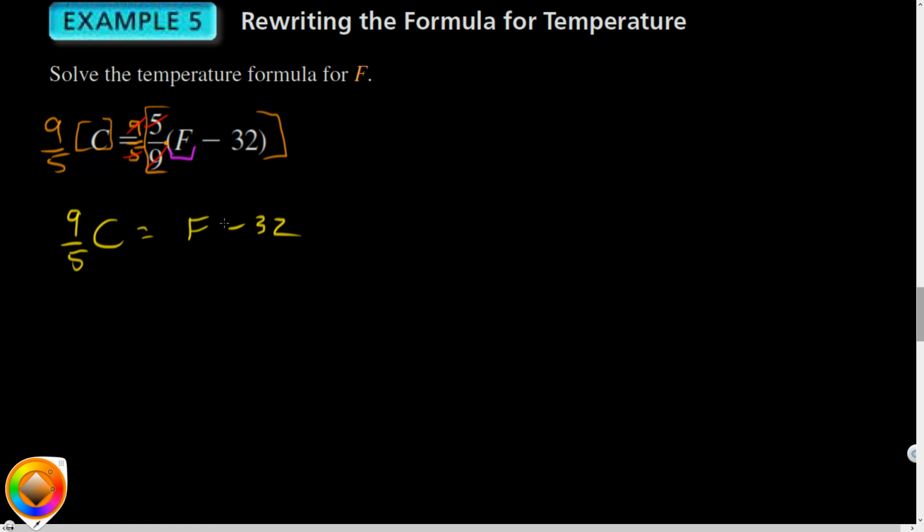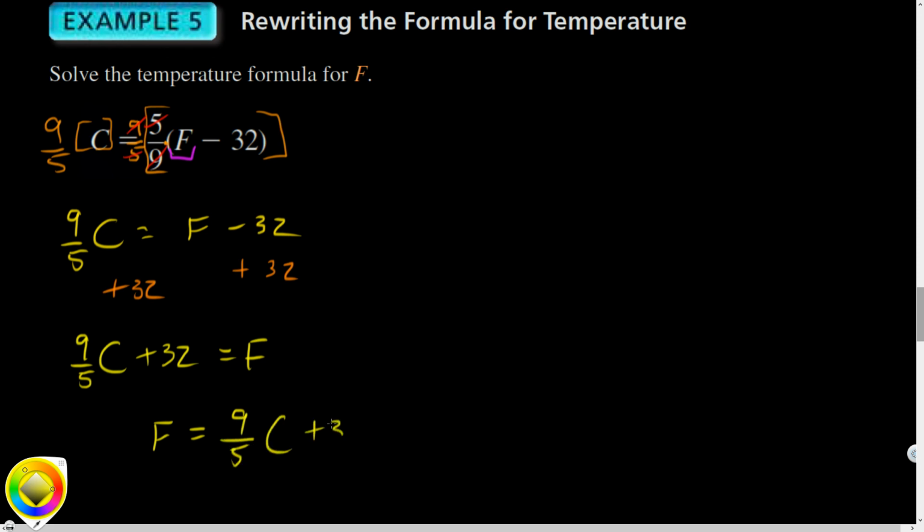How do I get the F by itself? Add 32 to both sides. And so I'd have 9/5 C plus 32 equals F. Or you could flip it around: F is equal to 9/5 C plus 32.